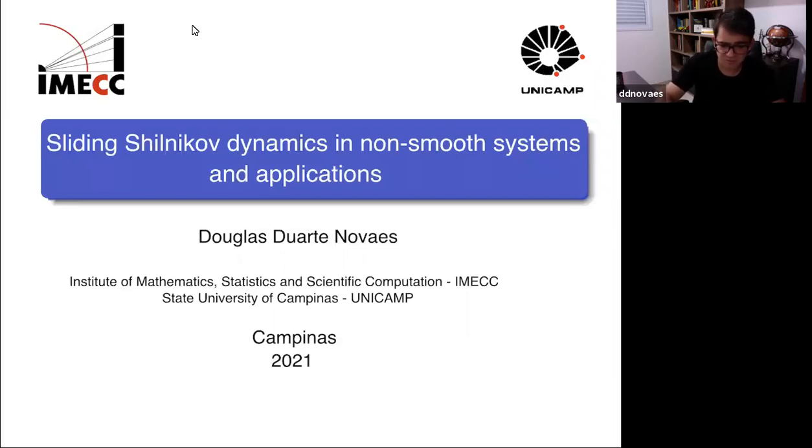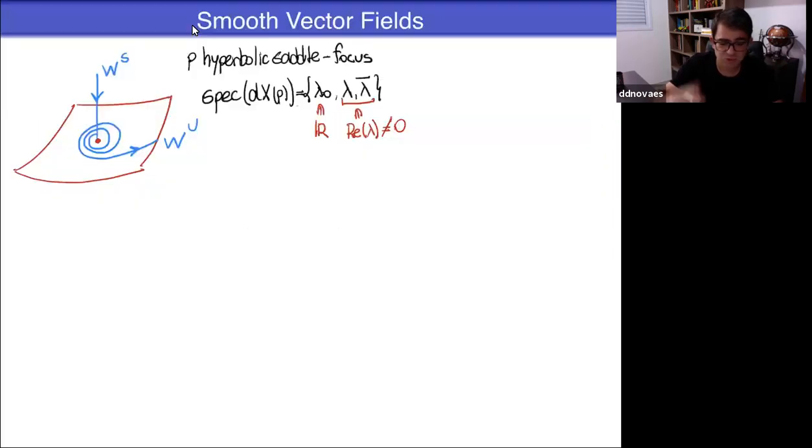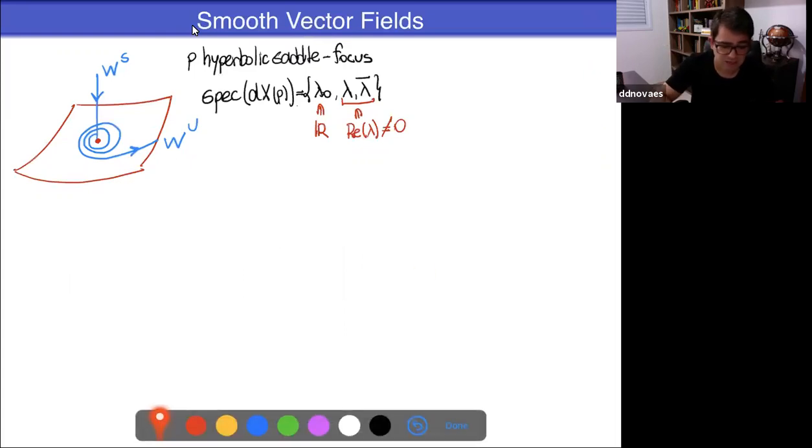First, for the sake of contextualization, let me introduce the concept of Shilnikov orbits in the smooth context. We start with a three-dimensional vector field which has a hyperbolic saddle focus. P is the hyperbolic saddle focus. In this case, the Jacobian of the vector field evaluated at the singularity has three distinct eigenvalues.